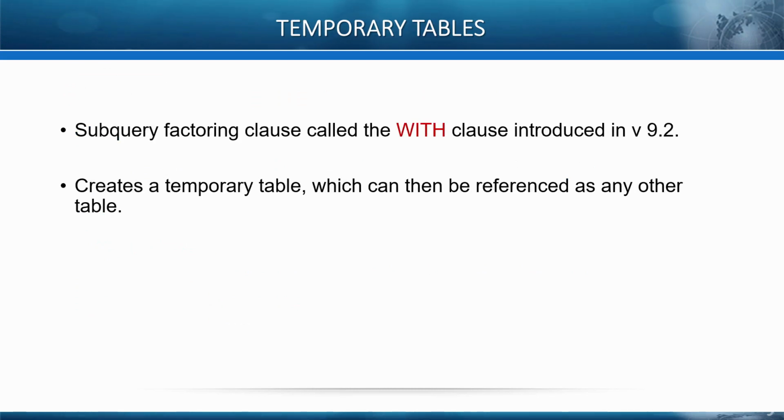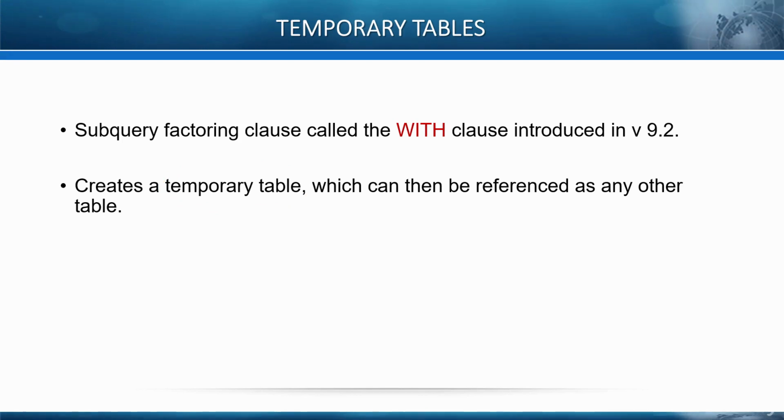From Oracle 9.2, Oracle introduced a new subquery refactoring clause called the with clause. In SQL Server, this is commonly referred to as common table expressions. The with clause creates a temporary table which can then be referenced and queried as any other table within your database.